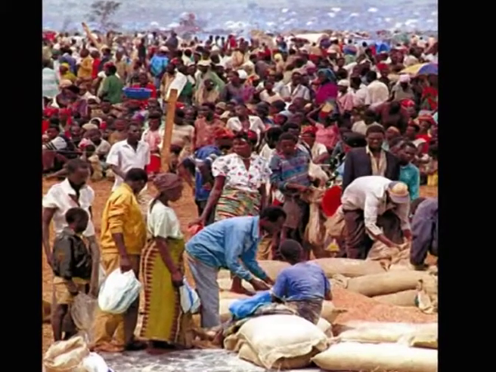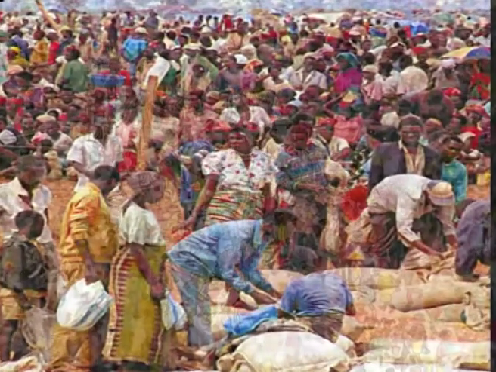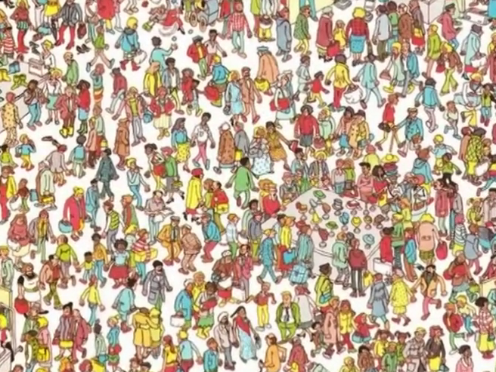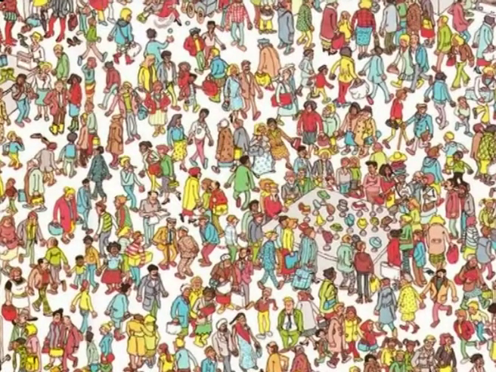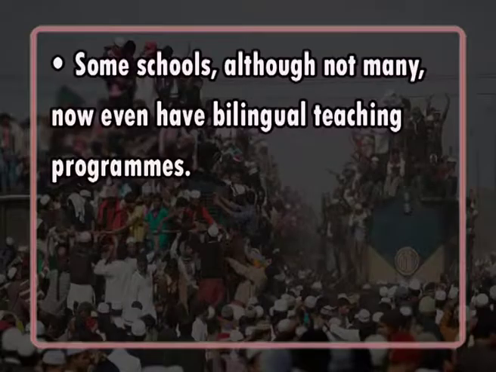Today, quite a major number of India's population was born overseas, which means that our racial makeup and linguistic composition is now extremely diverse. Although English is by far the dominant language, a significant amount of the population speaks a native language at home. Some schools, although not many, now even have bilingual teaching programs.